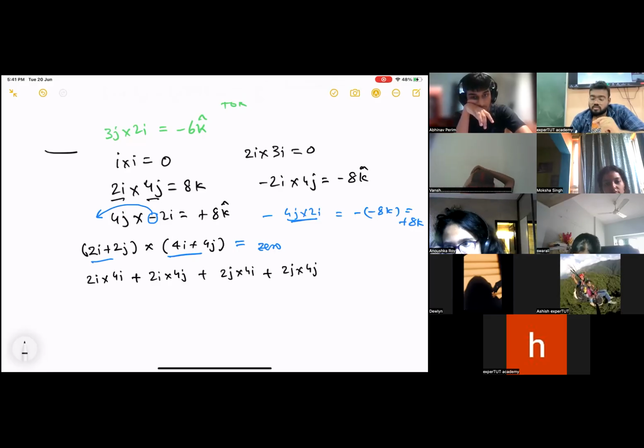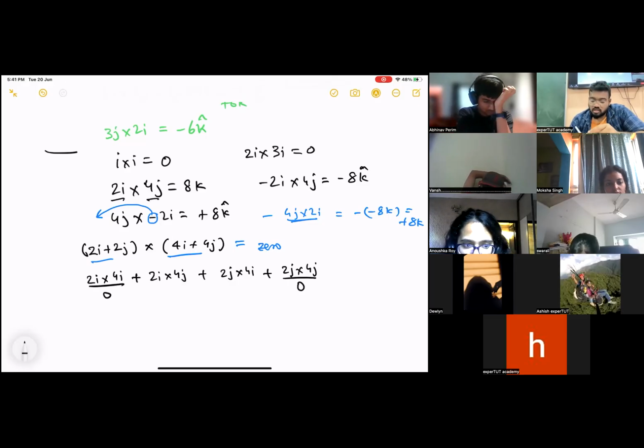Now which are directly zero? The last one is 0 because it is j cross j, same direction vectors, right? So this is 0. First is also 0. Now what is 2i cross 4j? 8k. And 2j cross 4i is minus 8k. So this is 0.